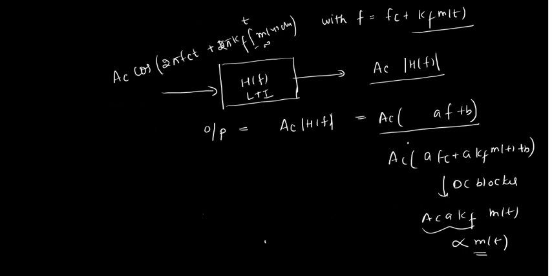If this is your FM signal, this is your FM waveform with this instantaneous frequency, and this is our LTI system, we know the output will be the magnitude of the FM signal multiplied with the magnitude of the response of this LTI system.